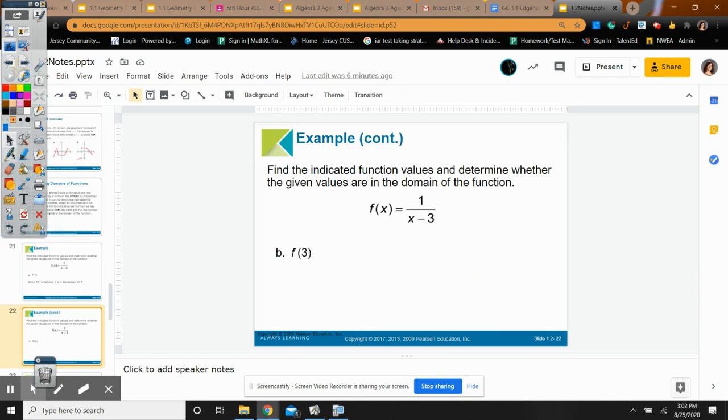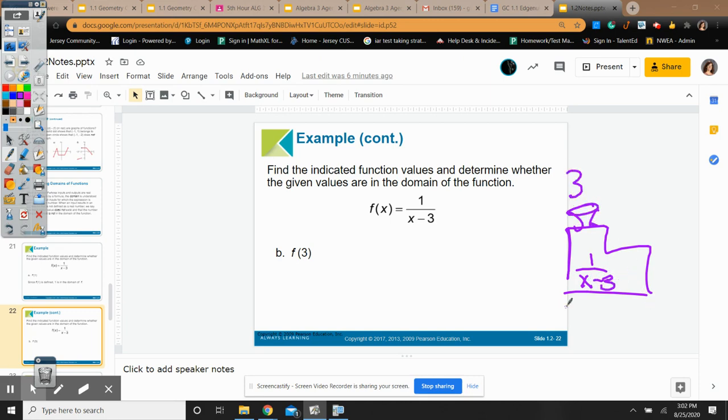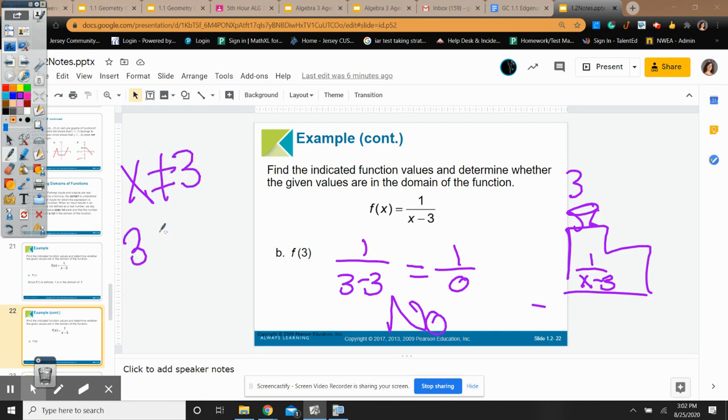Can I plug in 3? Well, if I plug 3 into this machine, what happens? I'm going to get 1 over 3 minus 3, which is 1 over 0. And you cannot divide by 0. So that's no. You cannot do it. 3 is not in the domain. We say x cannot equal 3.